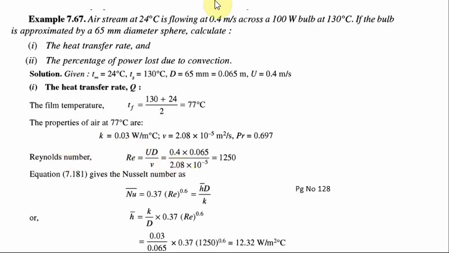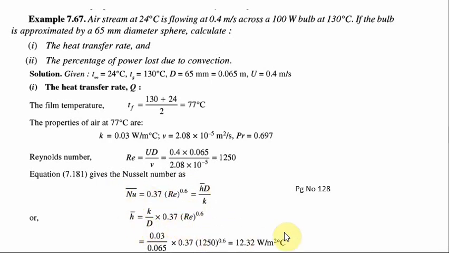So since it's a forced convection problem, we have to calculate the Reynolds number. So U D by nu, this is the diameter. For the range of Reynolds number 1250, from page number 128, we have the equation for flow over sphere as this one. Substitute the values.